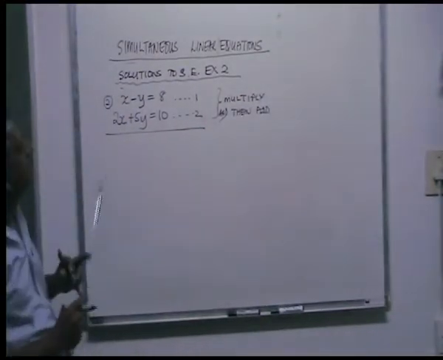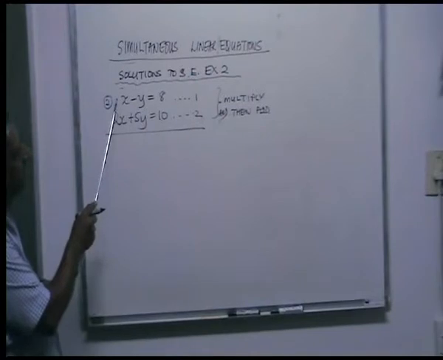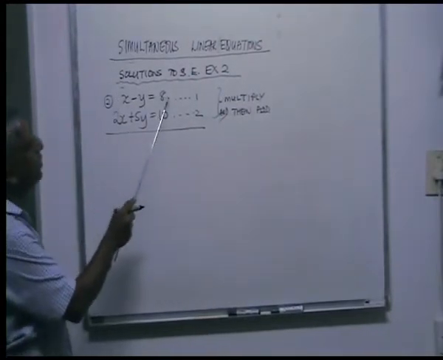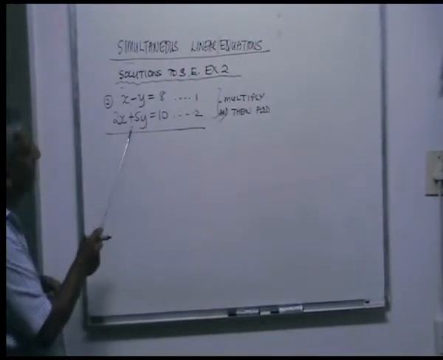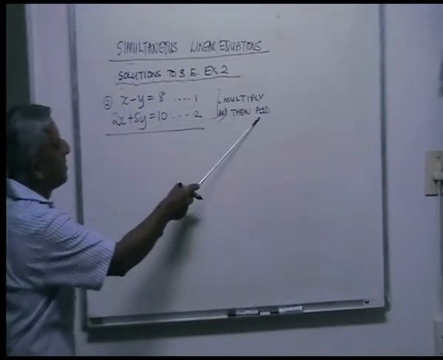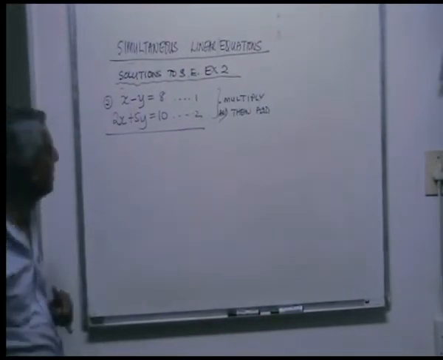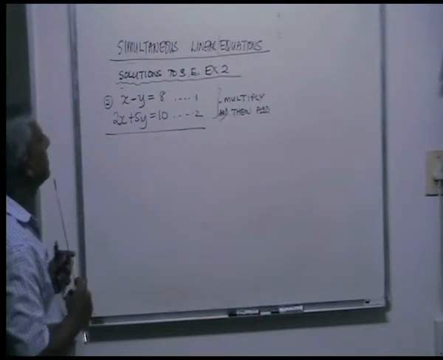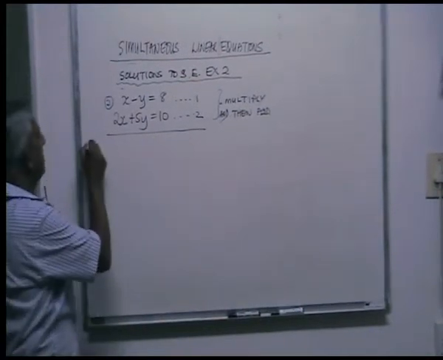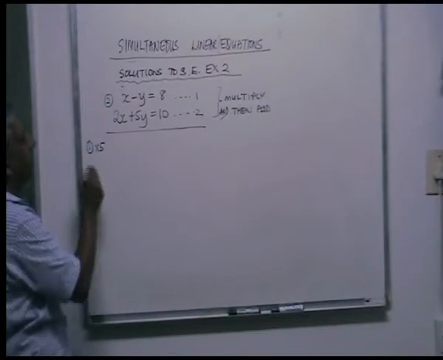If I take number 1 and multiply it by 5 right through, then I'll have minus 5y there, I'll have plus 5y there, and when I add it, the y will disappear. So I'm going to take number 1 and multiply it by 5.